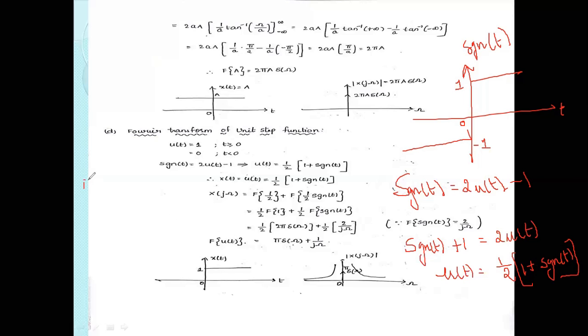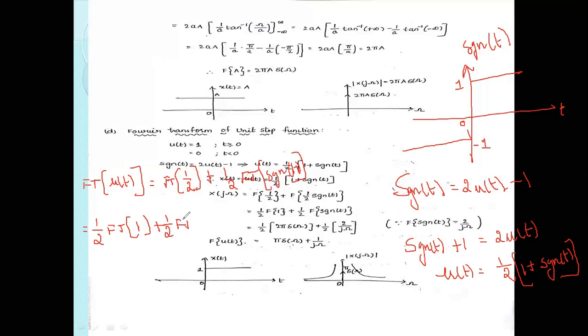And now I need the Fourier transformation of mu of t. The Fourier transformation of mu of t is equal to, on the right hand side, 1 by 2 the Fourier transformation of 1 plus 1 by 2 the Fourier transformation of the signum function, signum of t.